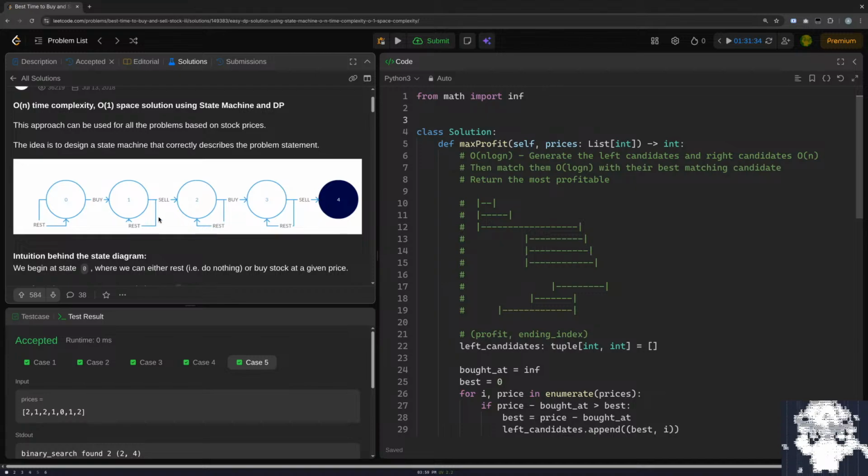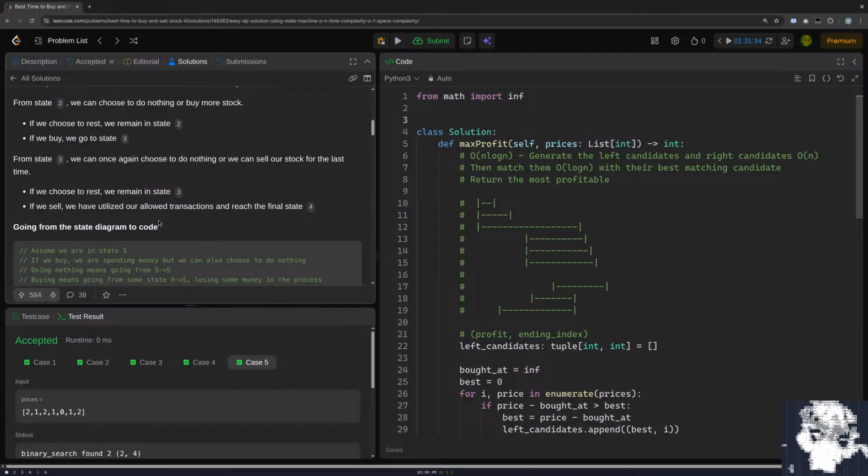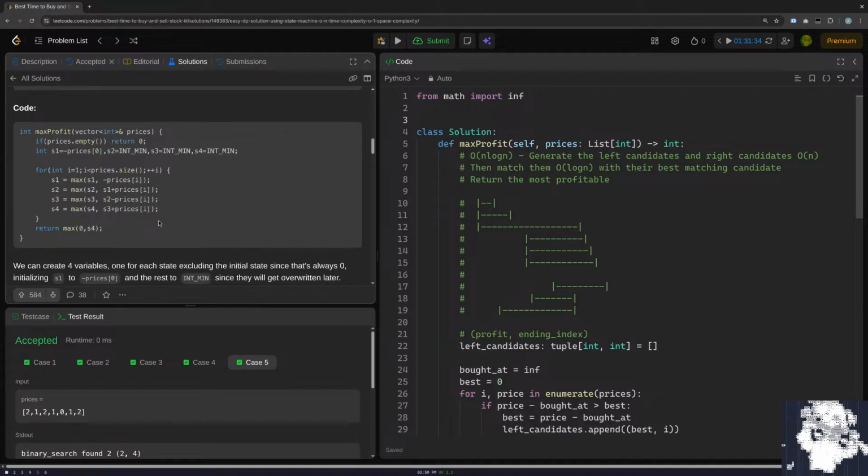State machine. It's so interesting that this very first idea, it is just as simple as it looks, it seems.